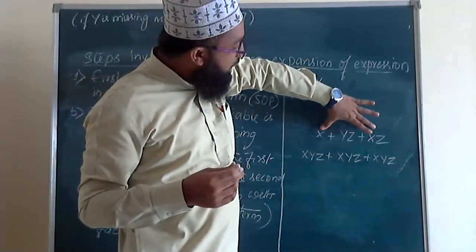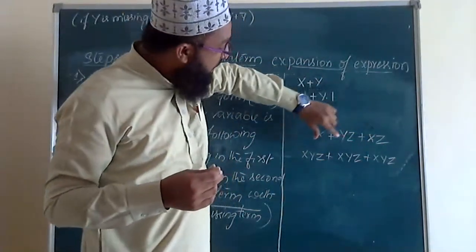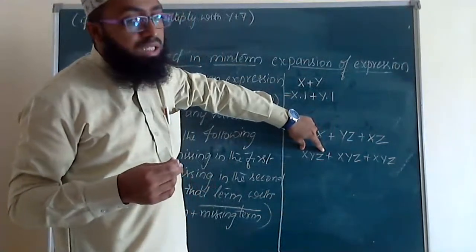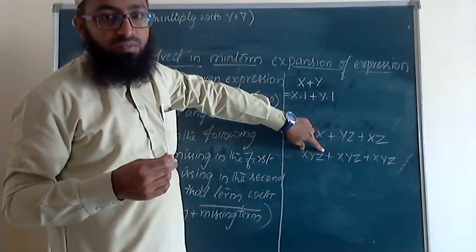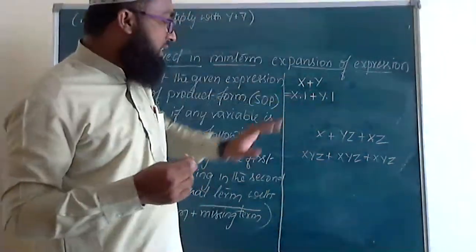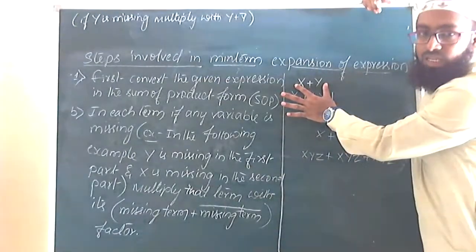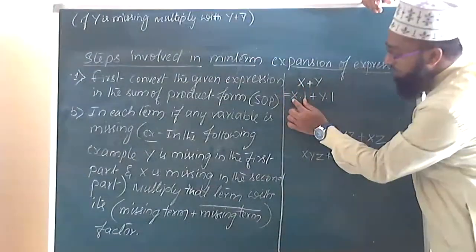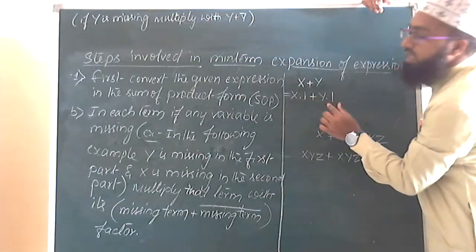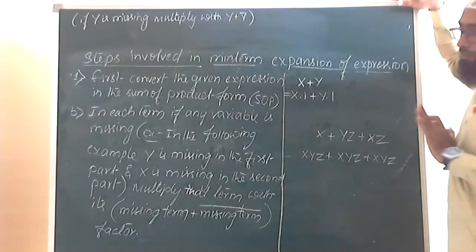If the expression has three terms, every term should contain all three literals. In the same way, when two terms are there in an expression, every term should contain two literals. That is called sum of product form.